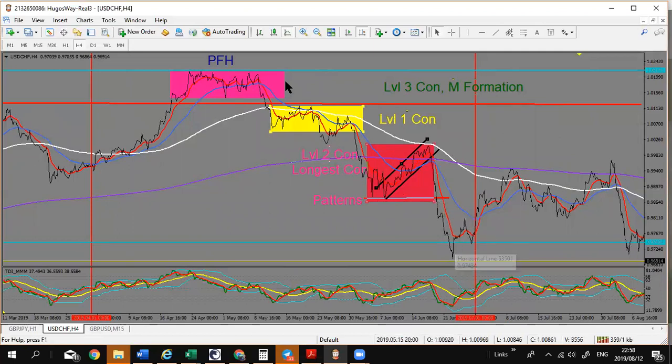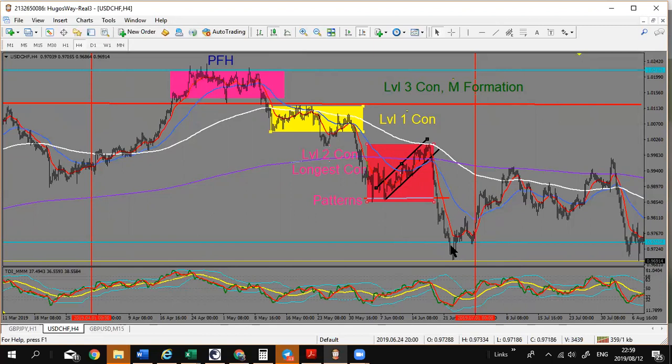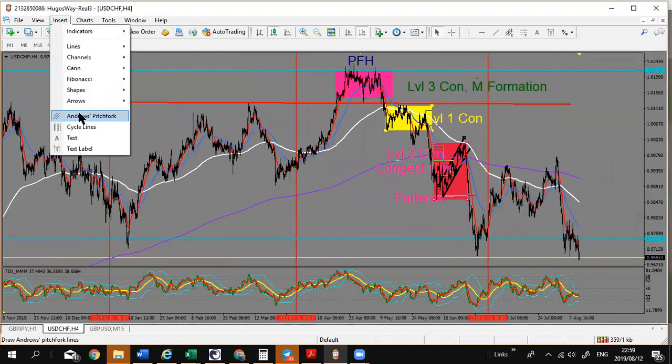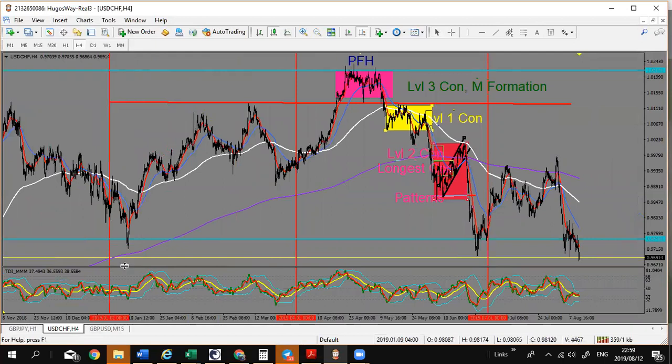Now you can see that they basically extended the low of the year, which was actually a stop hunt level at the beginning of the year.